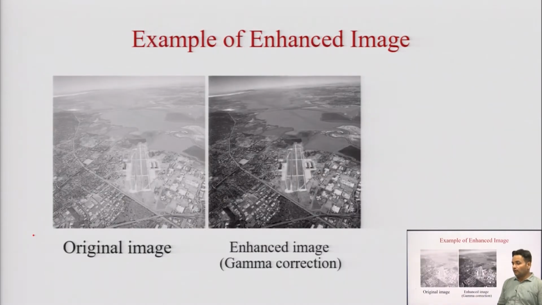Now, if you observe an enhanced image using this example, in fog your image looks like this. This is the original image, but if you remove this haziness, your image will become an enhanced one. One of the corrections, gamma correction, we are opting for here, by which we can see the enhanced image looks like this.